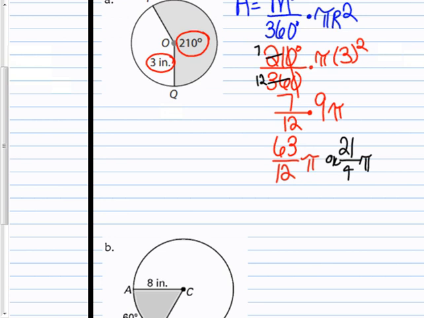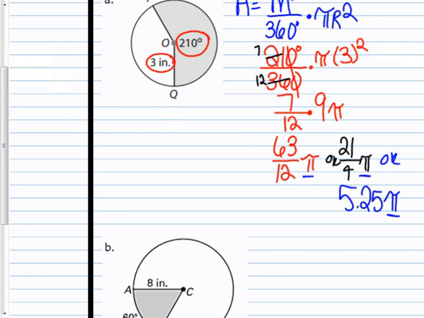And you can turn 21 divided by 4 into a decimal. Notice I'm keeping it in terms of pi. So 63 divided by 12 reduced to 21 over 4, which as a decimal is 5.25.